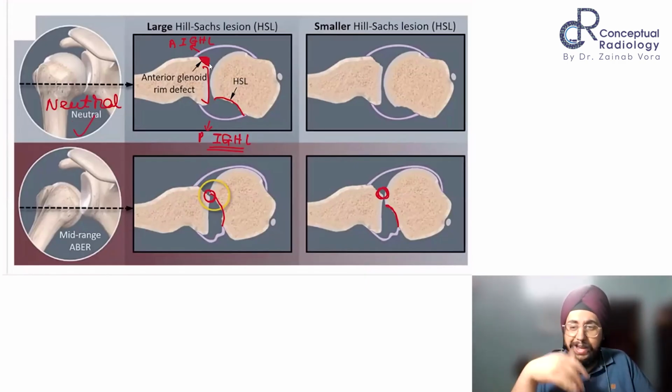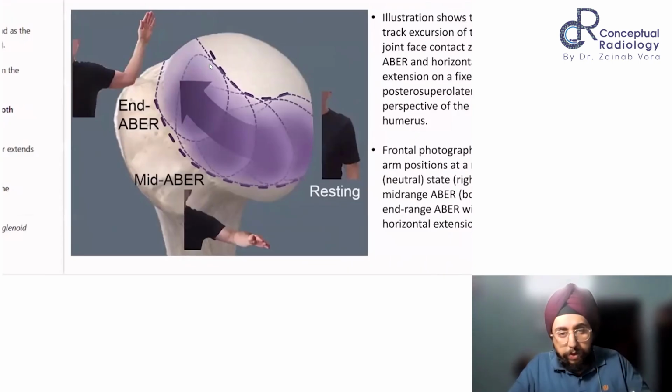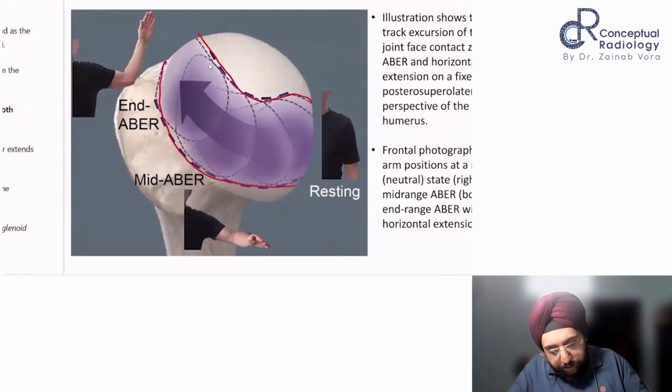So you will not see any engagement of the lesion in the neutral position, and in the mid-range ABER position you will see it only if the Hill-Sachs lesion is large enough to engage with the anterior inferior glenoid rim. This whole range, from neutral to the extreme ABER, is your glenoid tract.